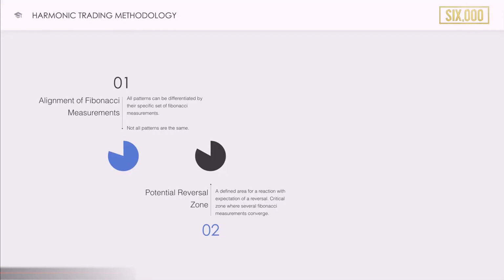So the PRZ is a critical zone where several Fibonacci measurements converge. They all align, and that's why it makes it such a powerful area for a reversal to take place. It defines an area of strong support or resistance. We have distinguished price points. Every individual price point in a pattern defines the validity of the trading opportunity.